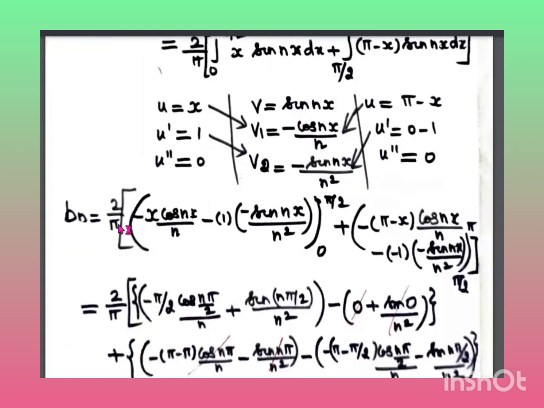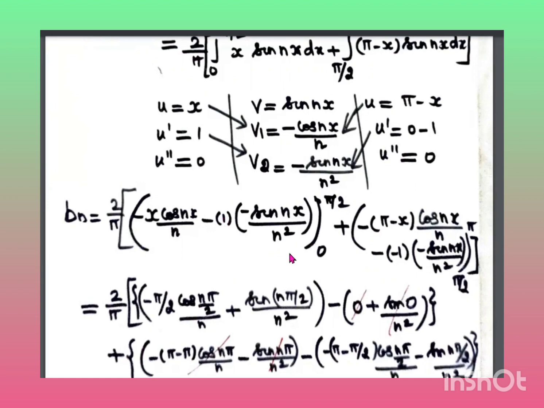So bn is equal to u v1, which is x into minus cos nx by n, so minus x cos nx by n, minus u dash v2, which is minus 1 into minus sin nx by n square. The limit is 0 to pi by 2.